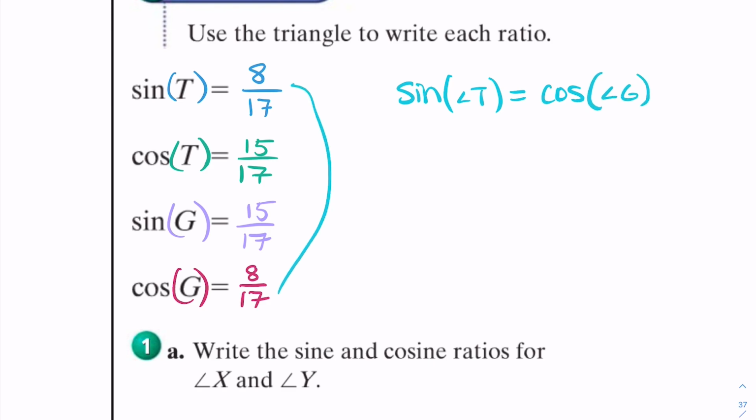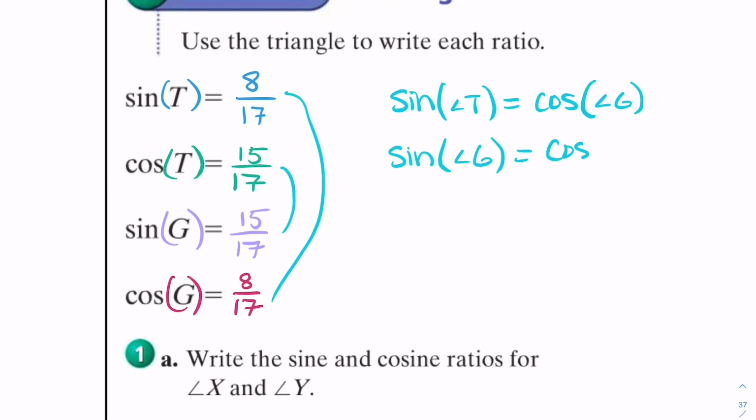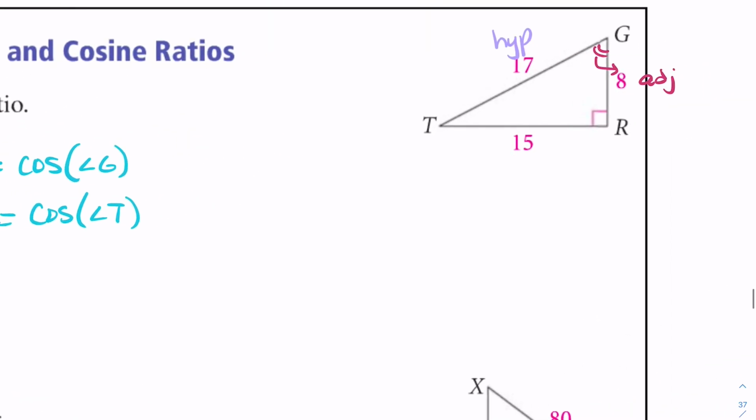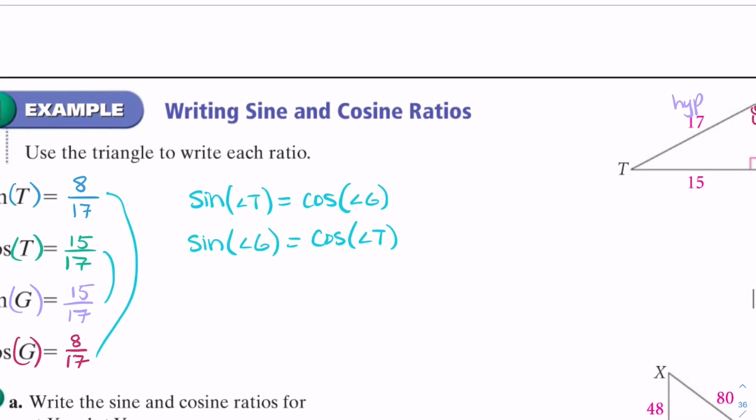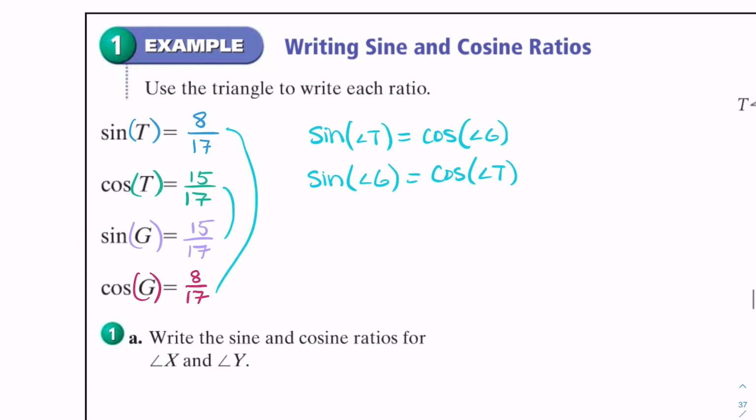Because they're both 8 over 17. And then these two, the sine of angle g is equal to the cosine of angle t. Again, the sine of this angle is equal to the cosine of this angle, and the cosine of this angle is equal to the sine of this angle. So they flip-flop because they're the same values.